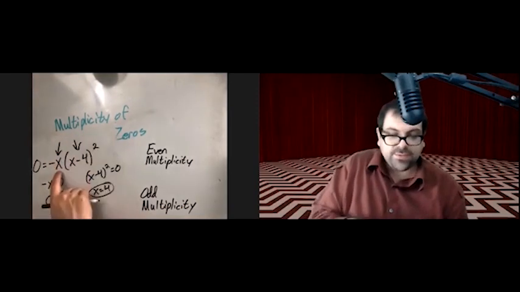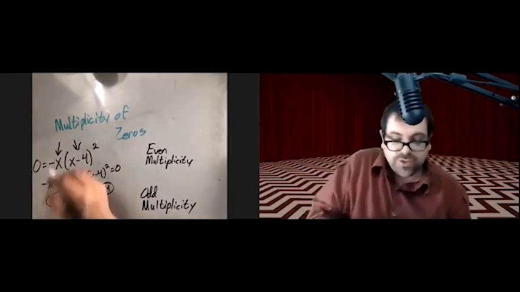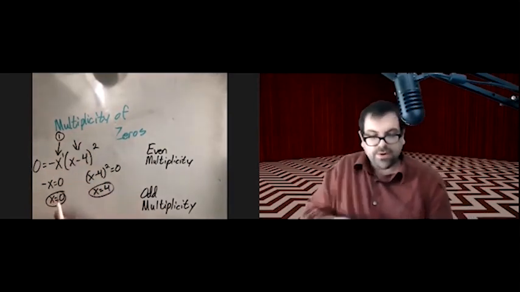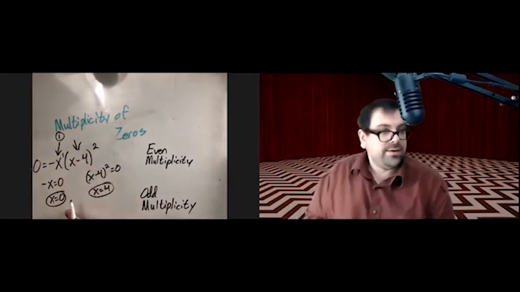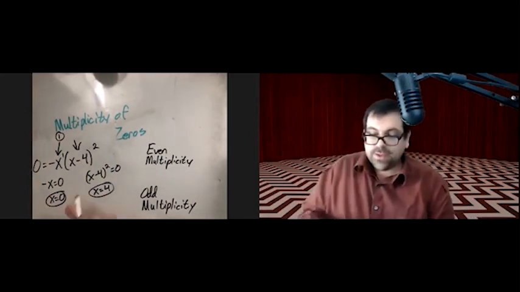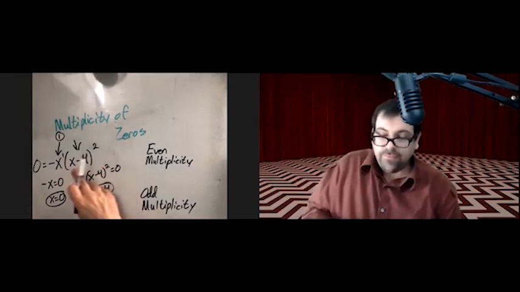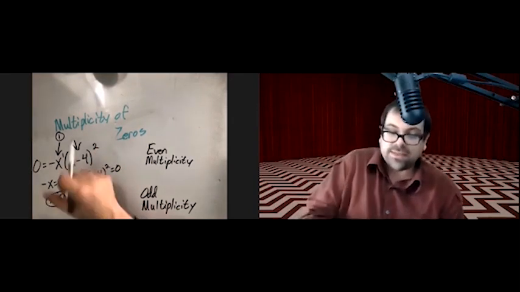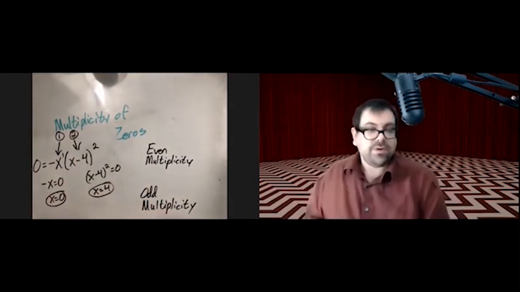Since this x wasn't any fancy power, it was just x to the first, this 0 has a multiplicity of 1. Since this other 0 came from a factor with a fancy 2, that means this 0 has a multiplicity of 2.